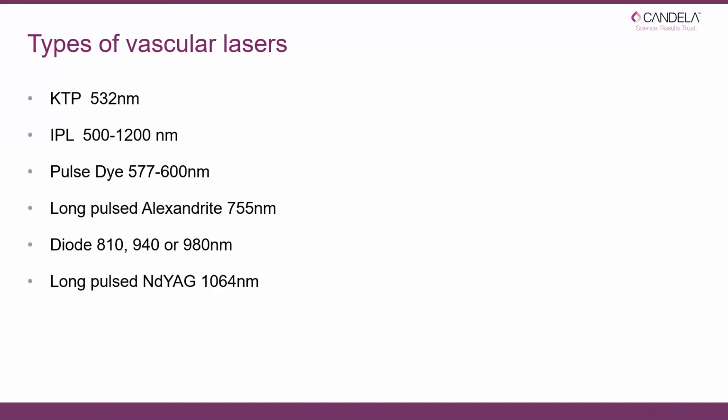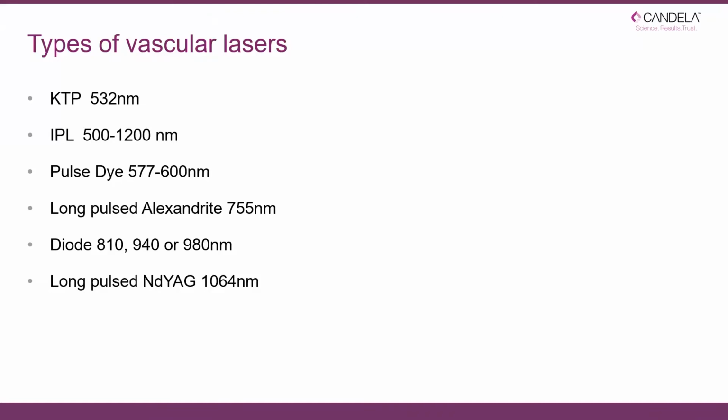The V-beam, which is our pulse dye laser, a very well known, world-renowned system, is a 595 nanometer wavelength. And that was determined after a great deal of studies, putting systems into different clinics and seeing which was the most efficient wavelength. And we found that 595 gave the best compromise between absorption into hemoglobin and depth of penetration.